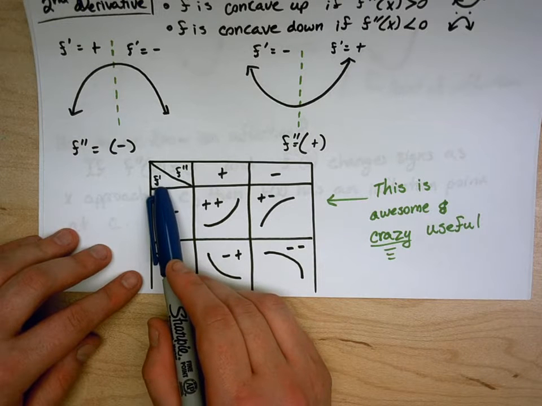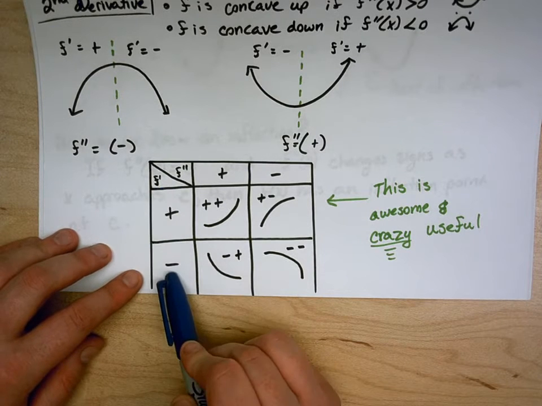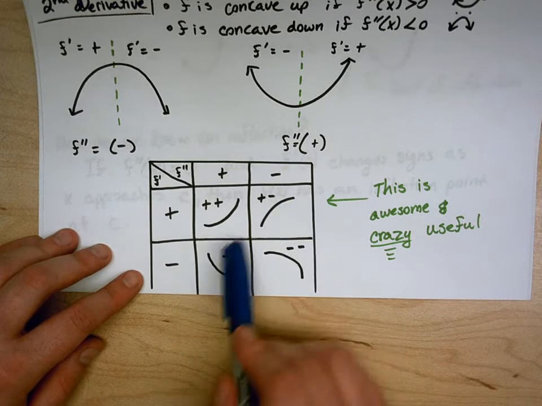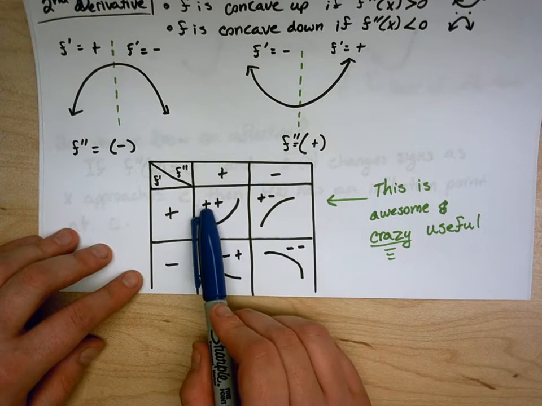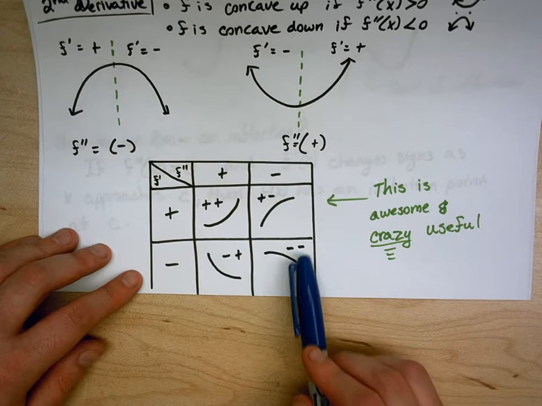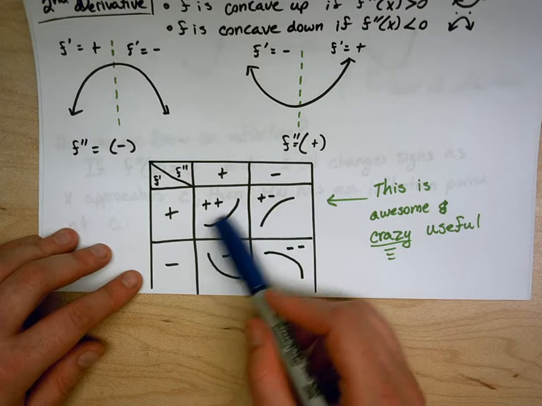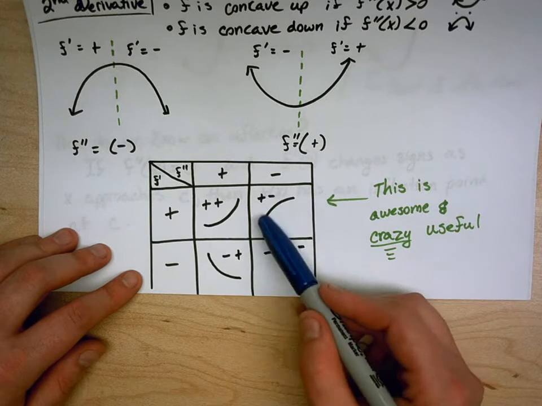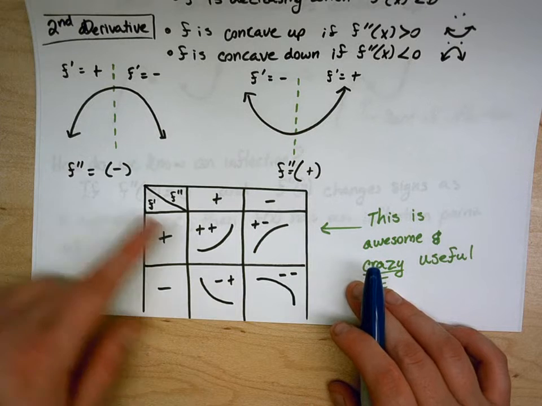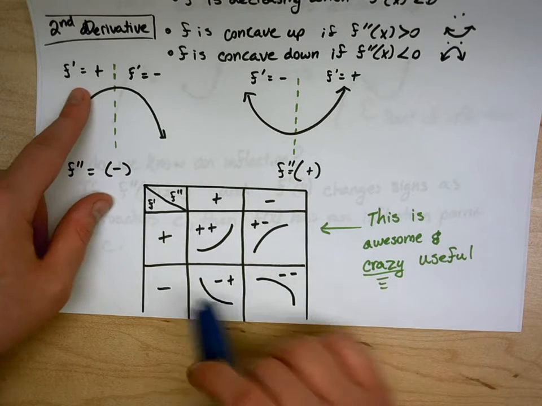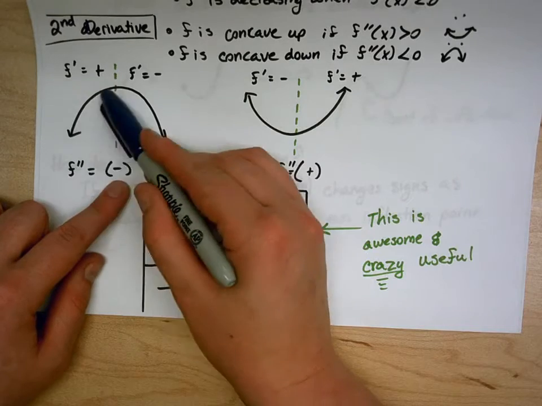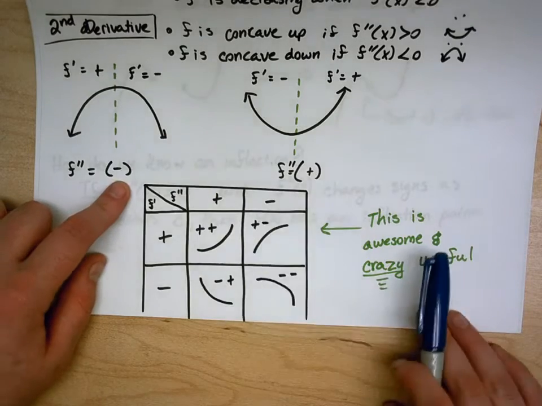If we have our f prime value here and our f double prime here, then we have 4 possible pairings: positive positive, positive negative, negative positive, or negative negative, and this would be the subsequent shape of our graph. Similar to what we have here, we just put it in table form. As you can see, when our first derivative is positive and our second derivative is negative, we're just going to get this little arc here.